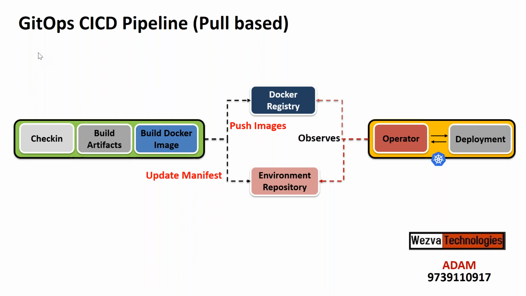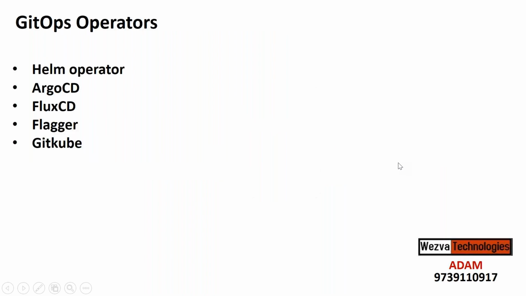Very simple. But this is where we need to understand what the types of operators are. Just by using Jenkins, you cannot achieve everything. Now, in production, we definitely need to have some operators, and that depends on what type of strategy you are using for deployment.